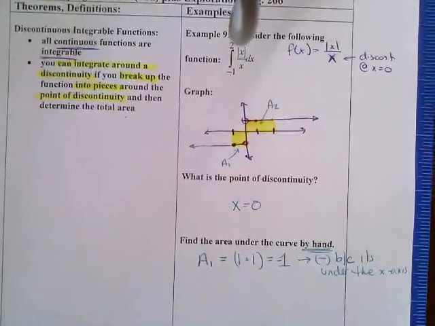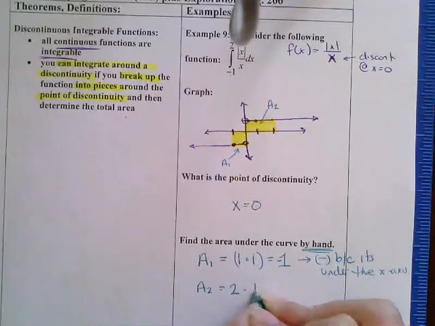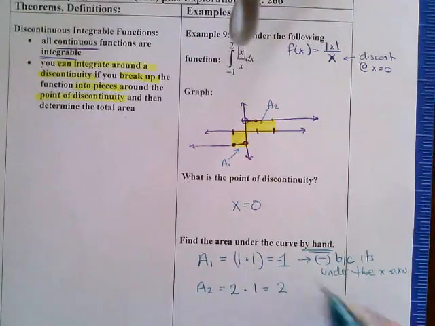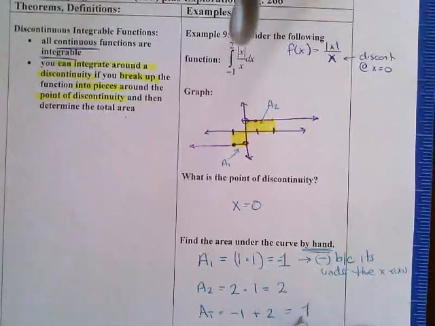So the first area is going to be -1. Then area 2 is going to be 2 times 1, which is 2, above the x-axis, so it stays positive. So our total area is going to be -1 plus 2, which is 1. That's our total area for this section.